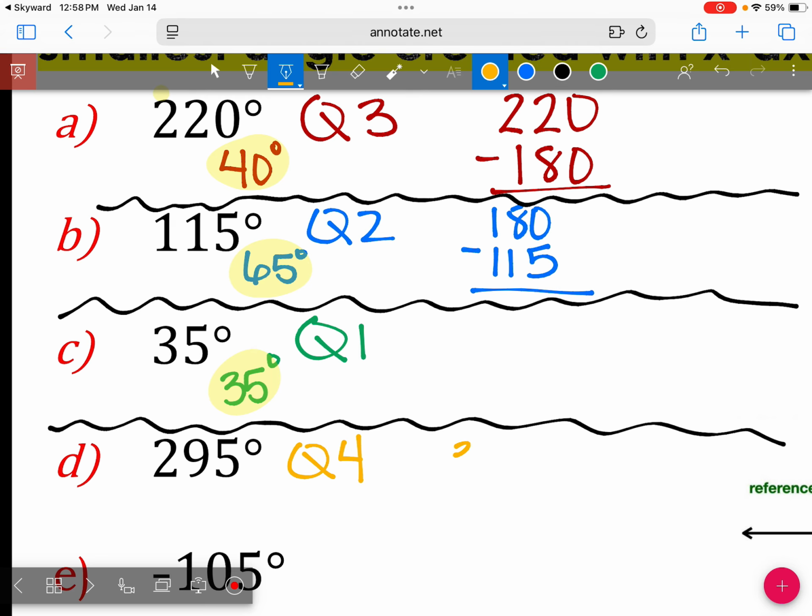So you have to do 360 minus 295. That's the only time we use 360. If it's in Q4, we use 360. If it's in quadrant 2, we do 180 minus the angle. Quadrant 3, it's the angle minus 180. But in quadrant 4, we use 360. So take 360 minus 295.